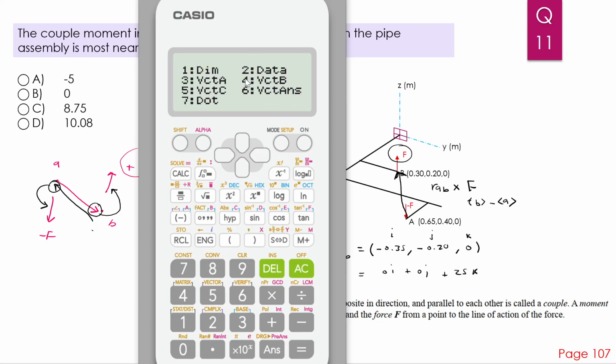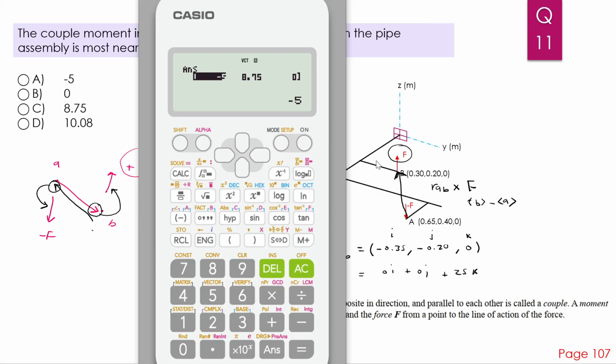Now in order for us to edit the data for vector B, you press number 2 for data, then number 2 again for vector B, then number 1, and you add 0, 0, and 25. You press AC, then shift, vector, vector A is 3, cross, shift, vector, then vector B, which is number 4, then you press equal.